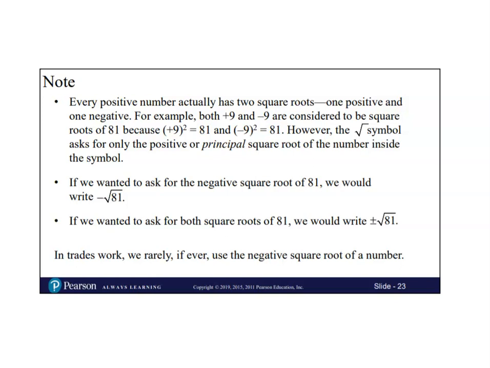Let me show you what I'm talking about. So if I take the square root of 81, I could write it like I just wrote it a while ago, and I could say 9 times 9, so I know that the answer is 9. There's something else that's true about the number 81.